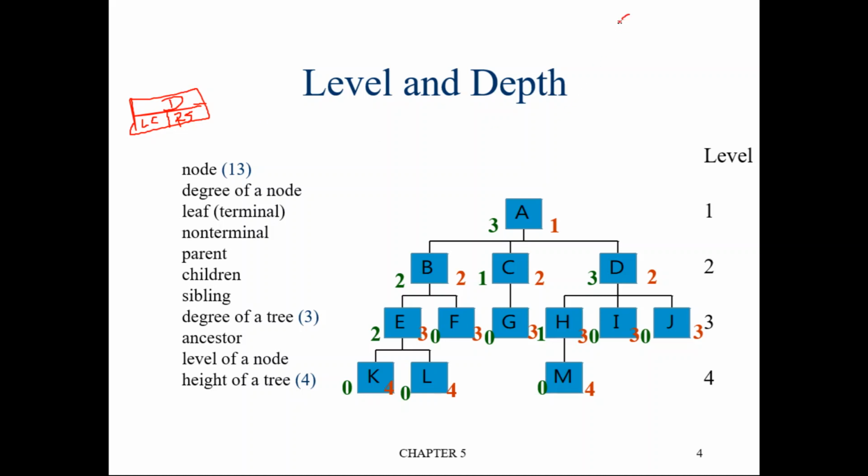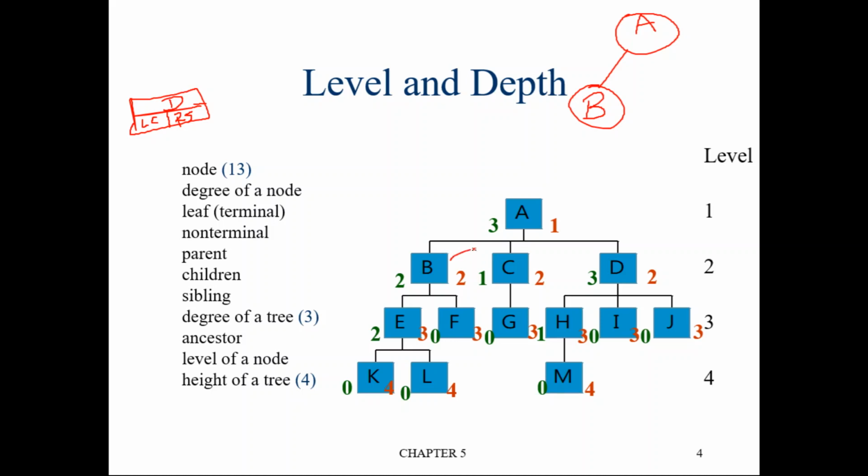If you take the node A, any node will have two pointers, left child and right sibling, and one data part. Its left child will be B, because whatever is node A's first child becomes its left child.